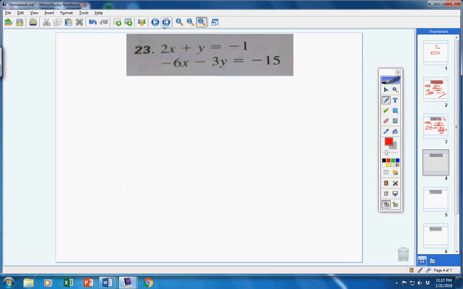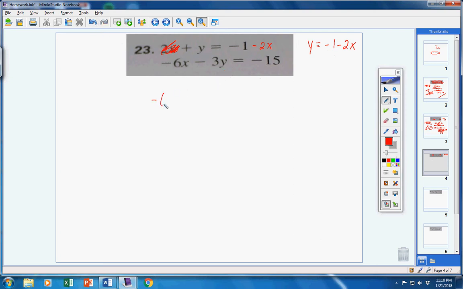Okay? 23, substitution. I don't see a variable isolated anywhere, but I do see a variable here with no coefficient. So I'm going to get y by itself, bring your 2x over, make it negative, and there you go. y equals negative 1 minus 2x. So pick that up and put it in for y right there.